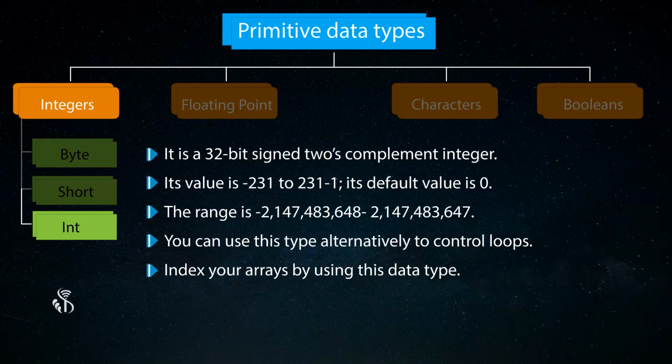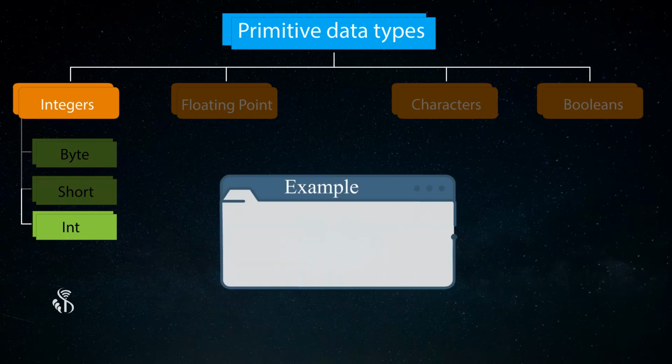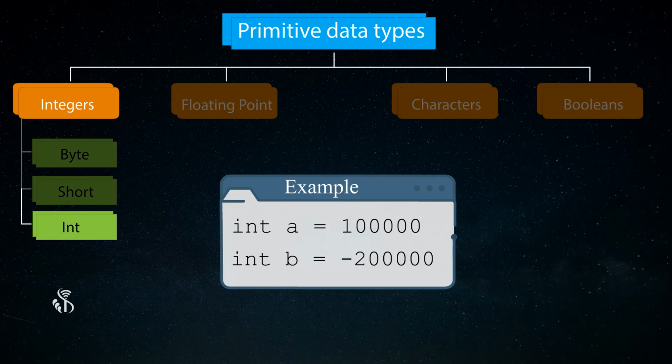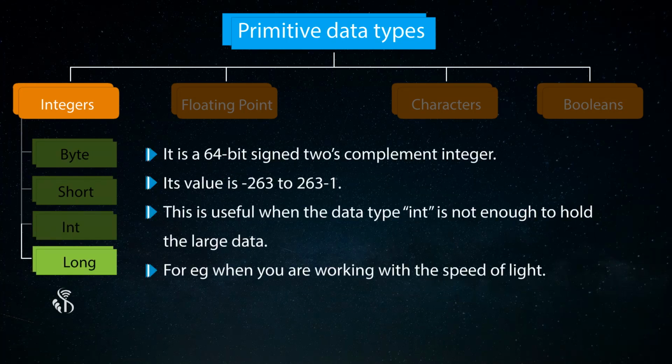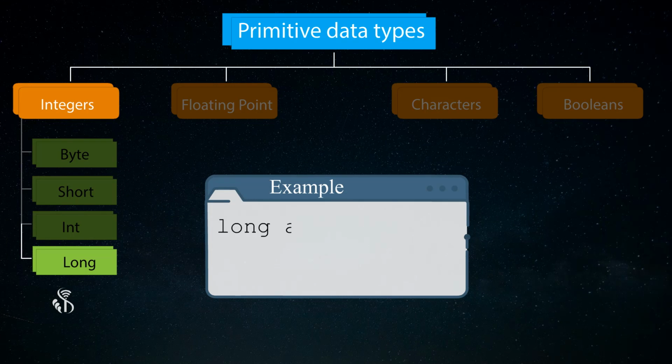Integer: this is the most versatile of all the data types used in Java programs. Example: int a = 1 lakh; int b = -2 lakhs;. Long. Example: long a = 1 lakh; long b = -2 lakhs;.